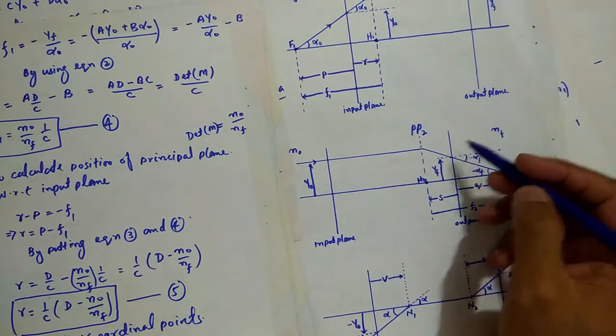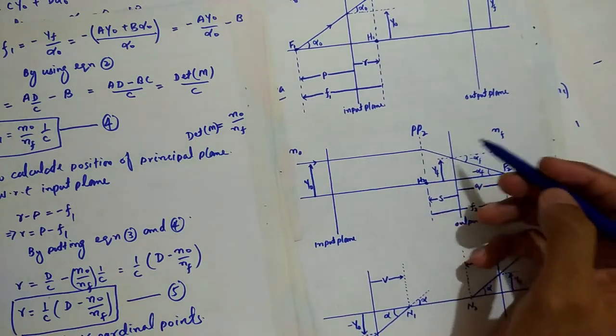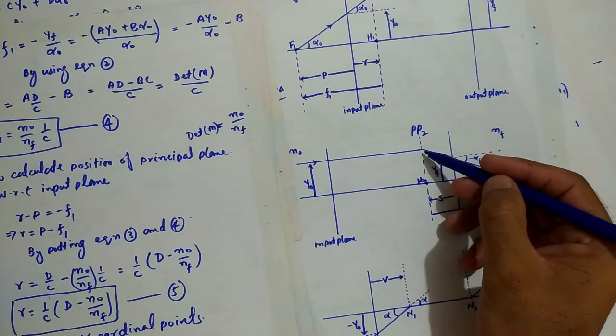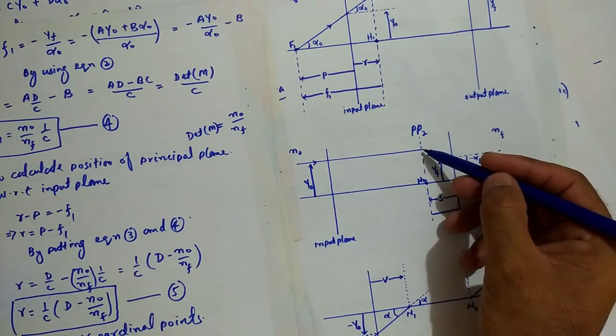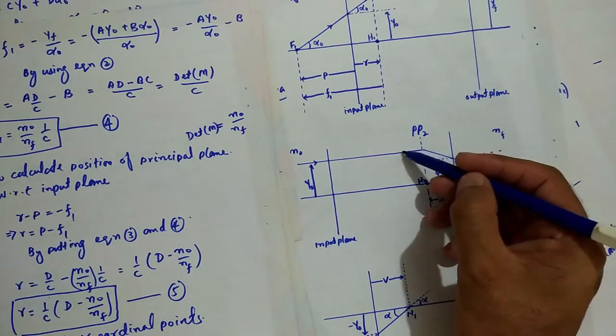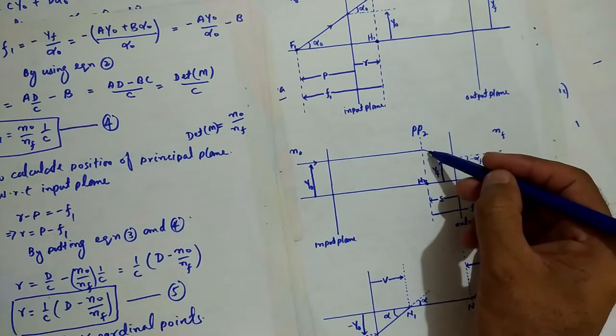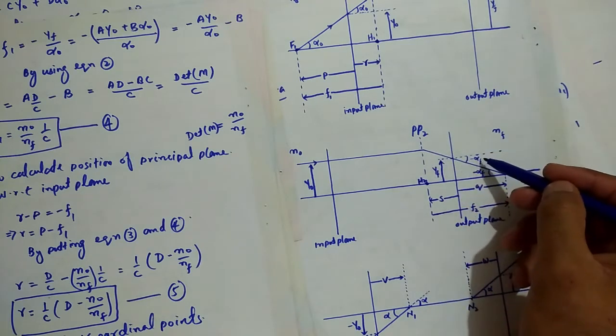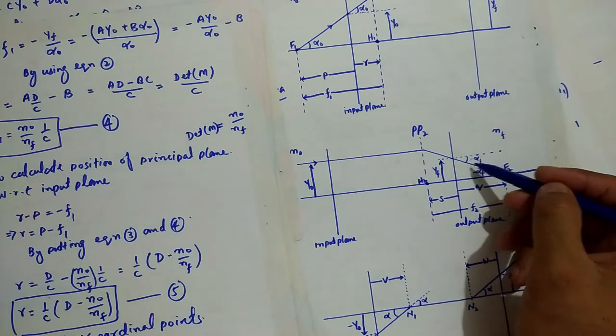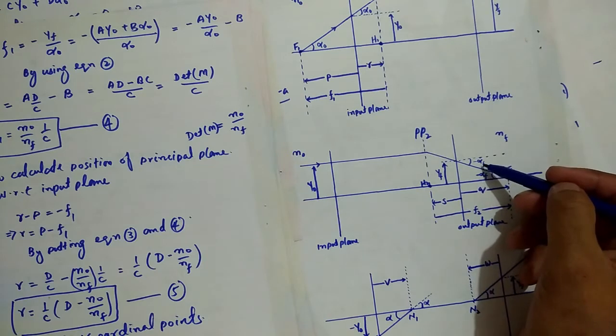So initially the angle of this ray with the optical axis was 0. Here alpha naught, which is the angle of this ray with the optical axis, is 0, and when it emerges, its angle with respect to the optical axis becomes minus alpha f.